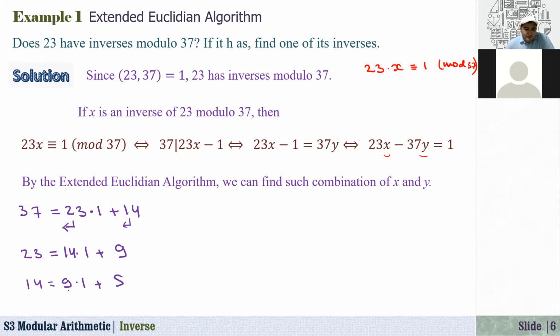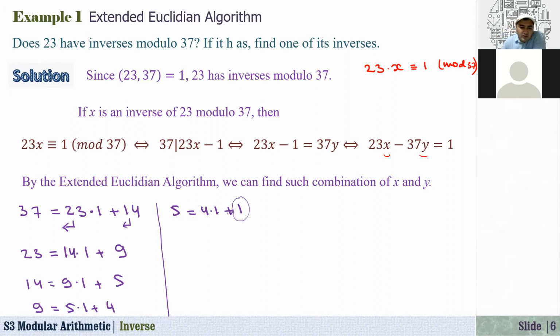Again, if we just continue this process, 9 moves to the left-hand side. Here we have 9 is equal to 5 times 1 plus 4. Right? So now the last one, let's see here, just move this. So here we have 5 is equal to 4 times 1 plus 1. So I just continue this until we have a remainder of 1.